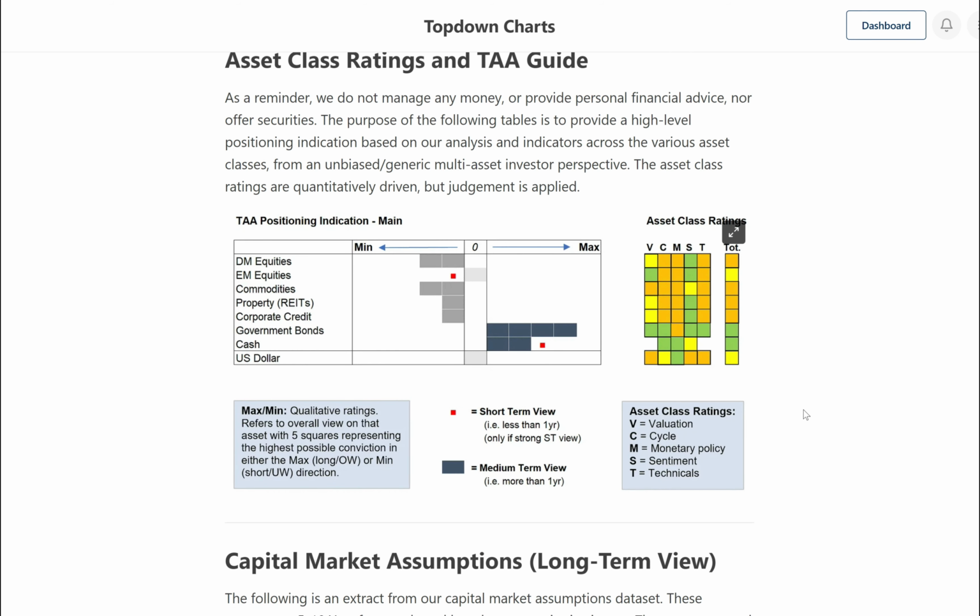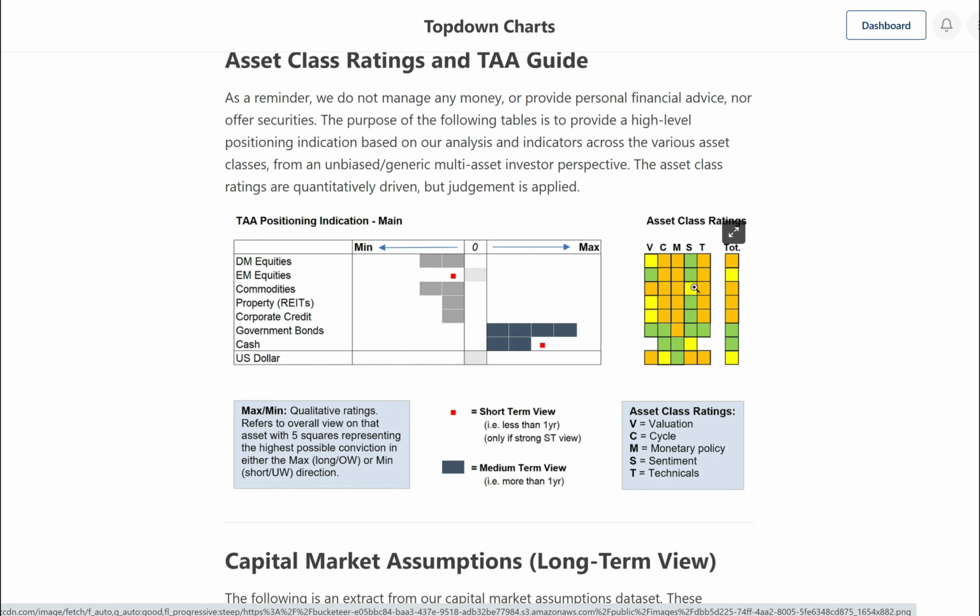And so I do show you what it means here. V, so that's valuation. Red is expensive, green is cheap, and yellow is kind of neutral. And then you've got a cycle. So basically, green is good, red is bad. And that maps across the other ones, so monetary conditions, sentiment, technicals, and then your total score.